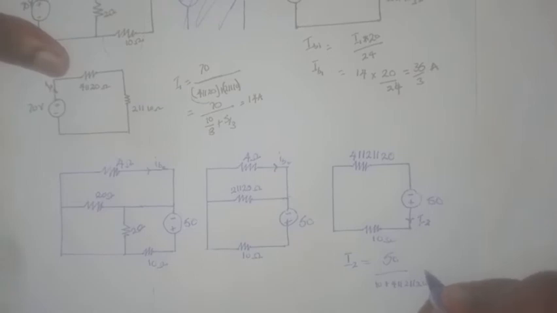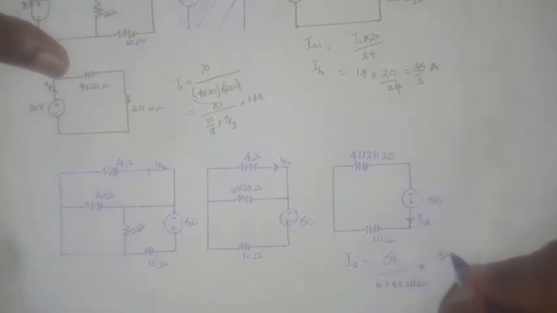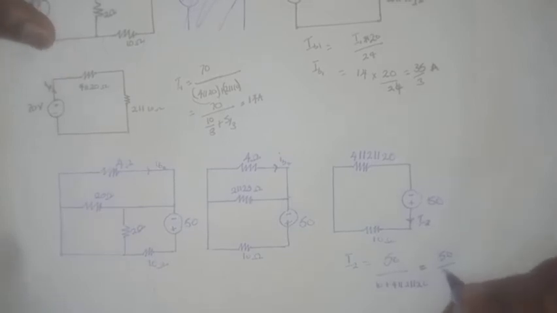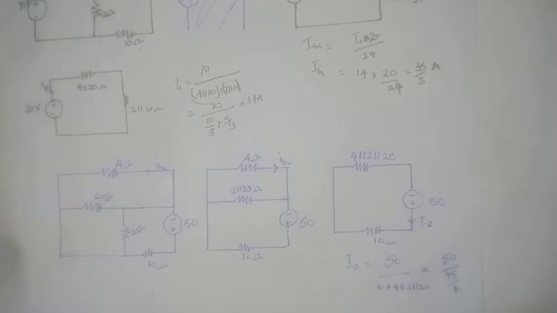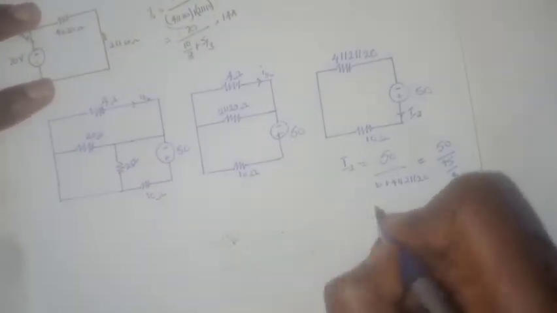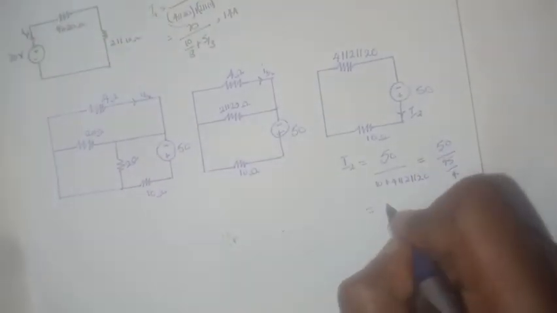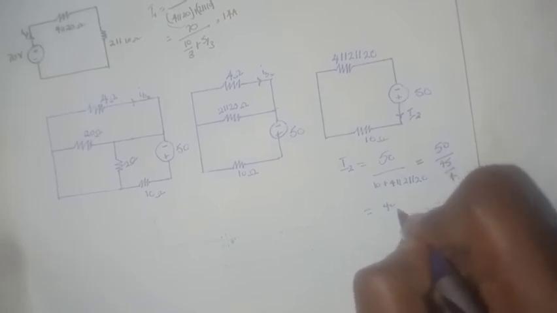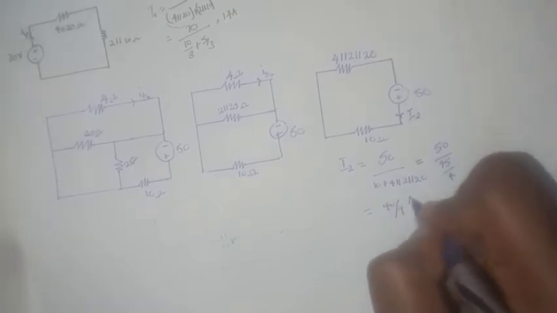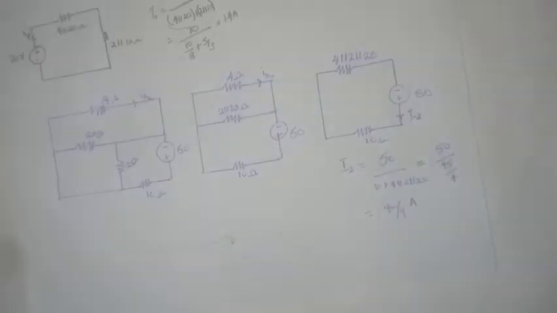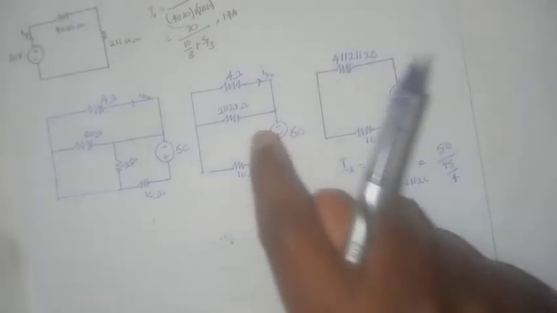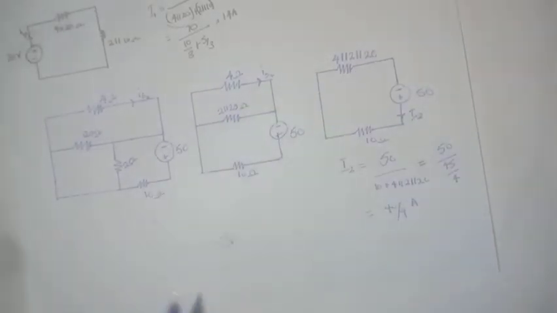This basically amounts to 50 divided by 45 over 4, which then equals 40 over 9 amperes. So that is the value of I2.